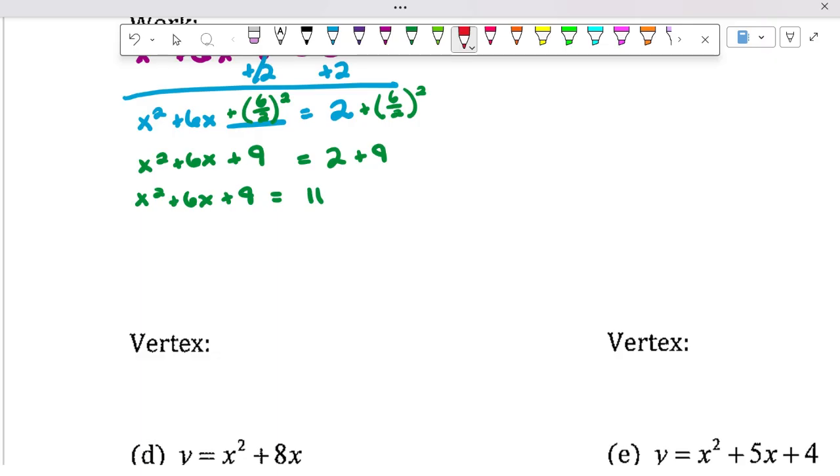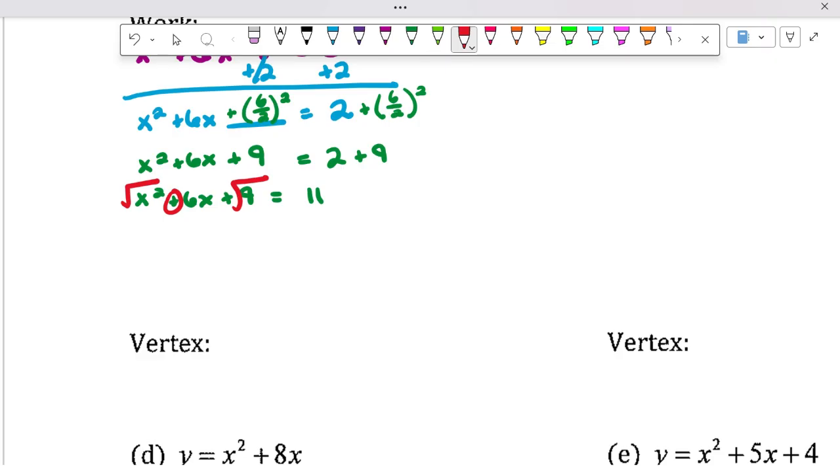So I gotta get my x minus h squared. How do I get that? Nope. I gotta factor the perfect square trinomial by doing the square root, keep the sign method. So I gotta take the square root of the first, square root of the last, keep the sign.